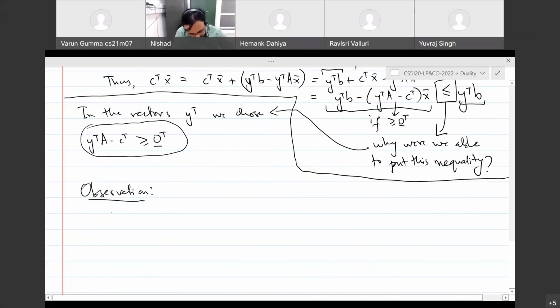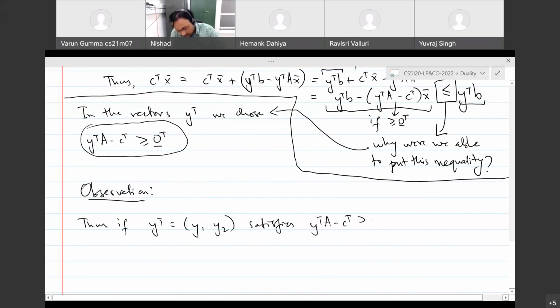So the point is, if y transpose is any vector y1, y2, for our example, that satisfies y transpose A minus c transpose being a non-negative vector, then the value of the objective function is going to be upper bounded by y transpose b, which is exactly the 17 and the 10 that we got.